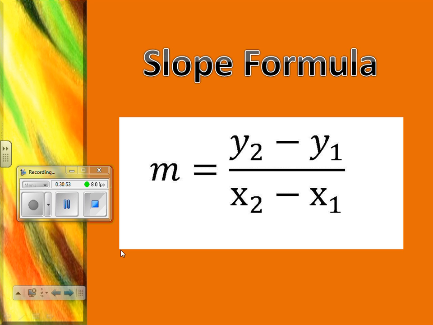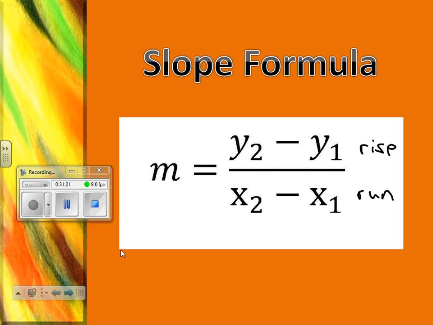But if you can remember, think CS brain logically. Hey, if I want to know how far it is this way, I can take the y coordinates. Now, why are the y's on top? Because it's rise. Isn't that your y coordinates? Over run. Does that make sense? Over your x coordinates. And we take them and we subtract them. Everybody says, what's them little 2's and 1's, Miss Corns?